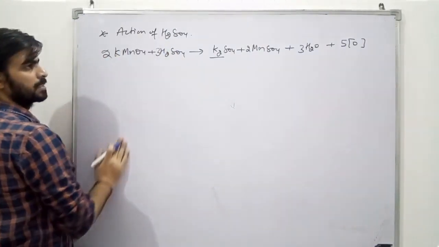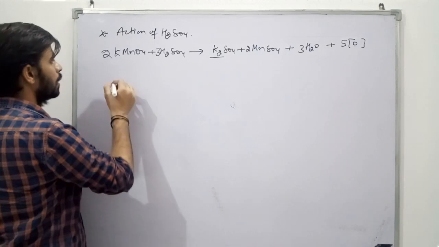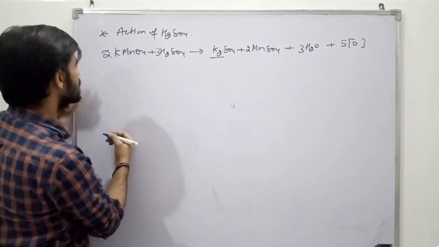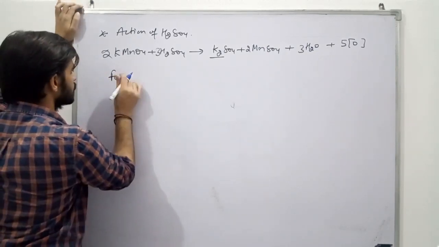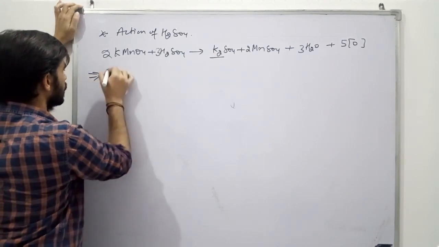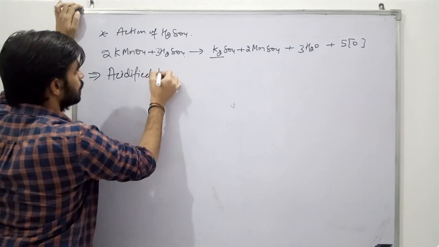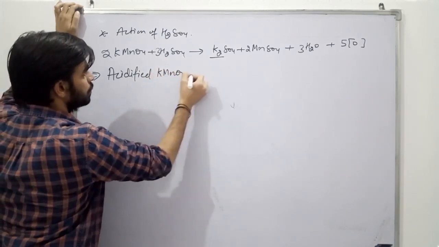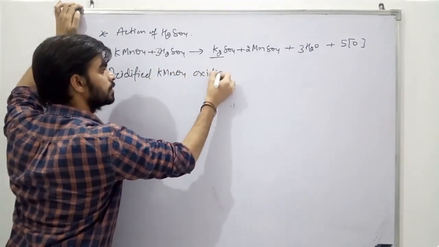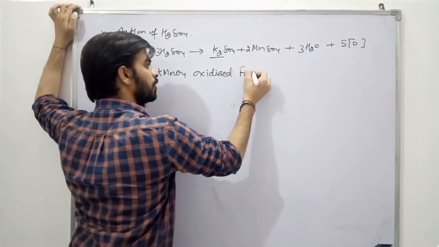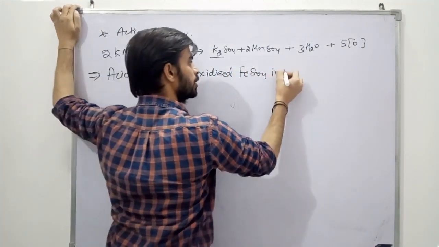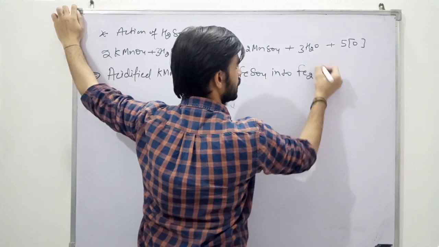Now take some examples. Example of ferrous sulfate: acidified KMnO4 oxidizes ferrous sulfate into ferric sulfate.